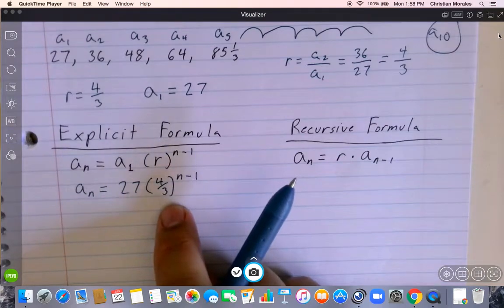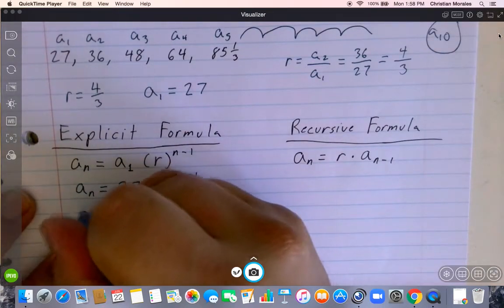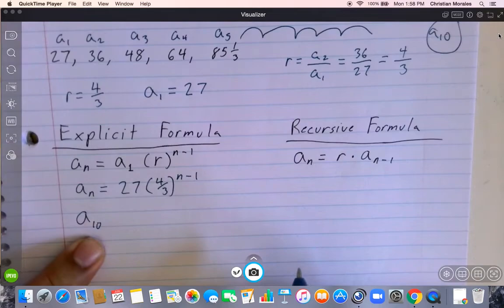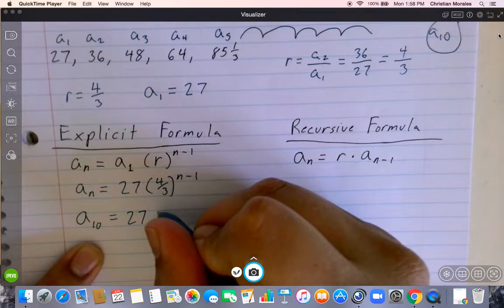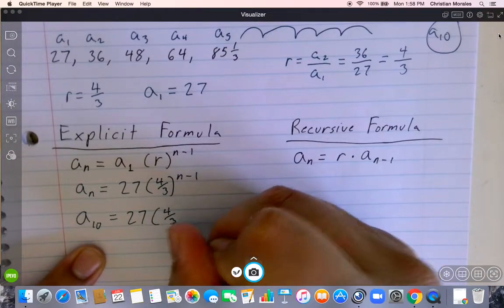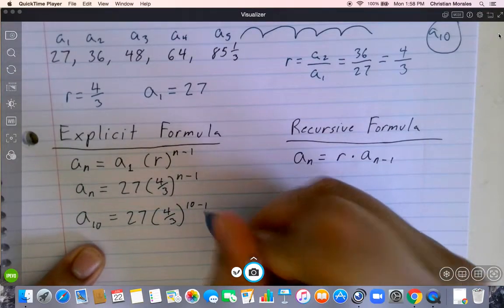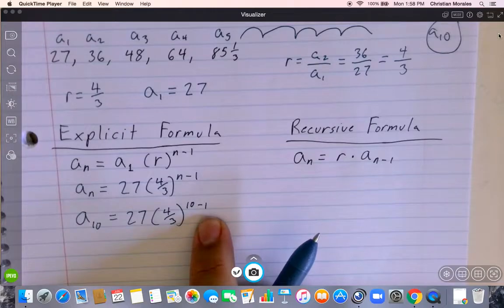So if you want to find the 10th term, A10, all you do is take this formula and plug in 10 for n, okay?